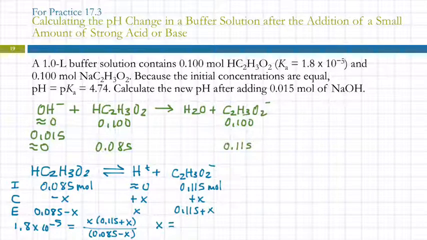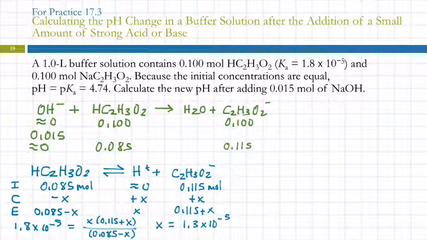If we use the x is small approximation, we get 1.8 times 10 to the minus 5 times 0.085 divided by 0.115. That's 1.3 times 10 to the minus 5. So does that qualify as x is small? Yeah, it does.